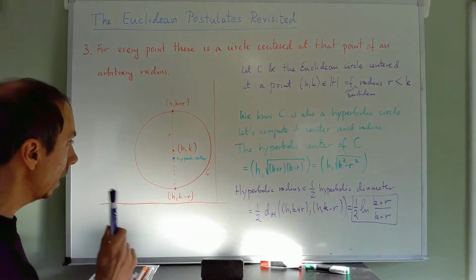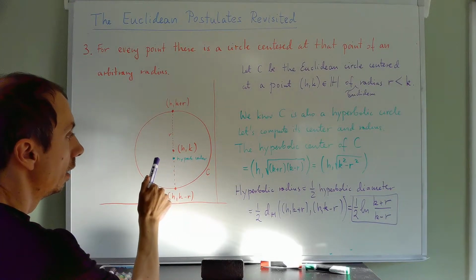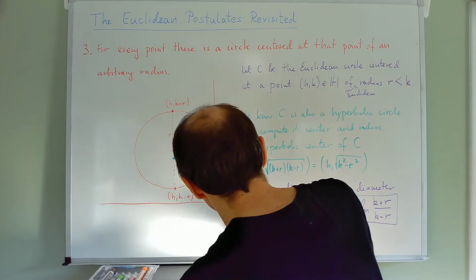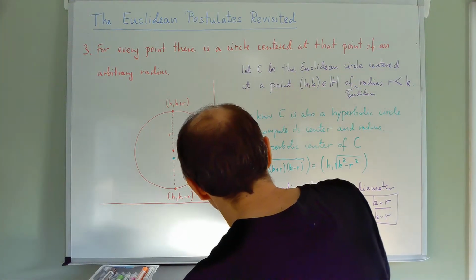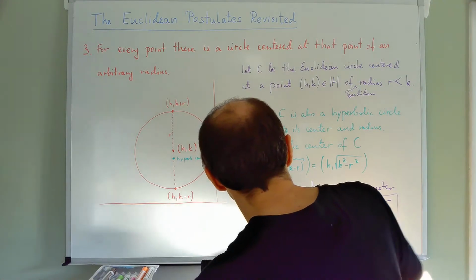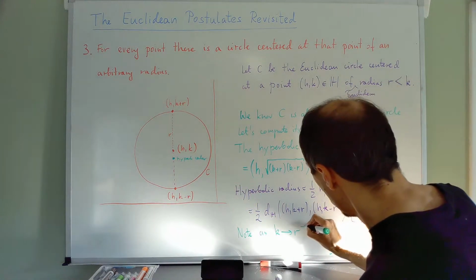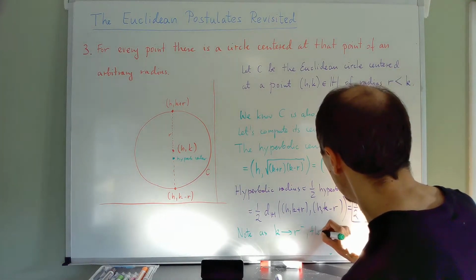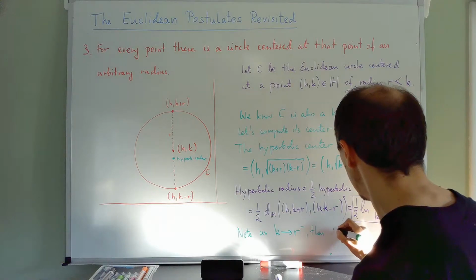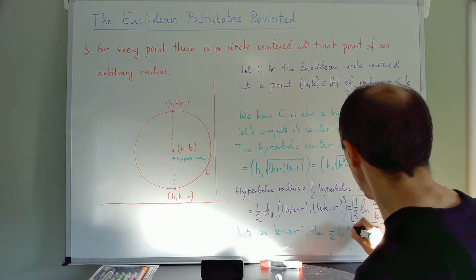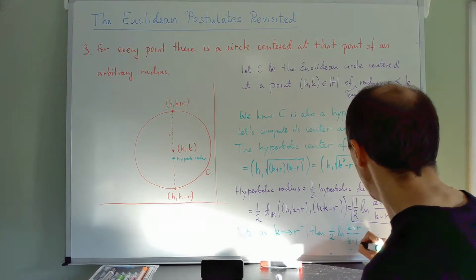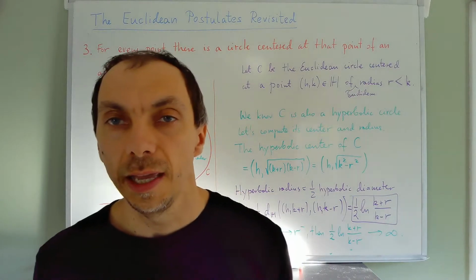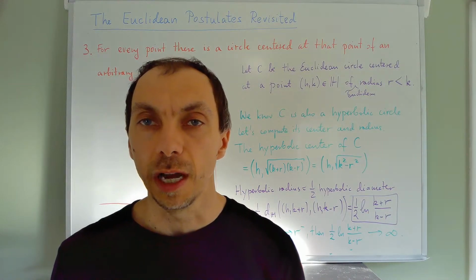So note, as k goes towards r from the left, so it's still smaller than r, this radius, one half natural log of (k plus r) over (k minus r), goes to infinity. So in fact, you can have circles of an arbitrary hyperbolic radius.